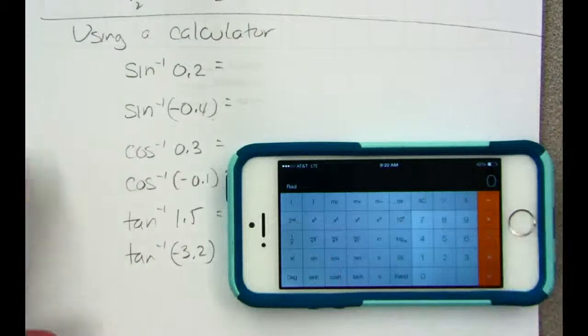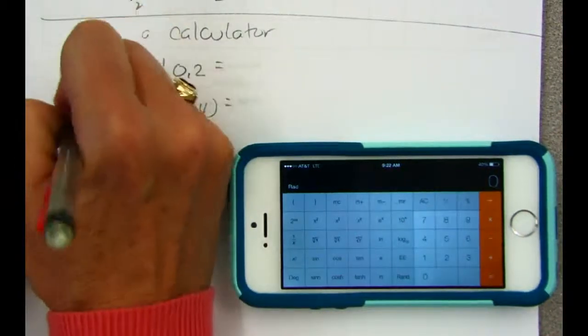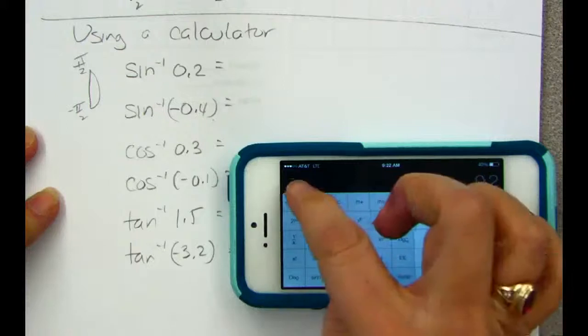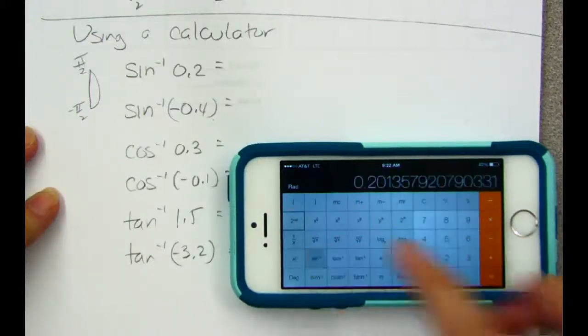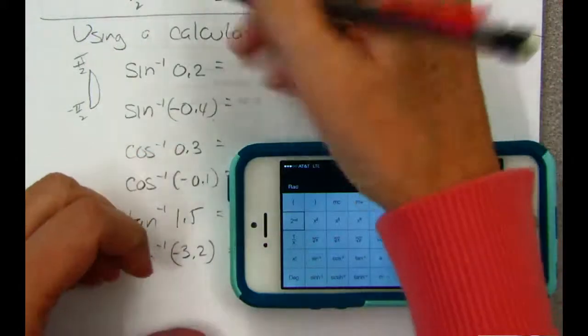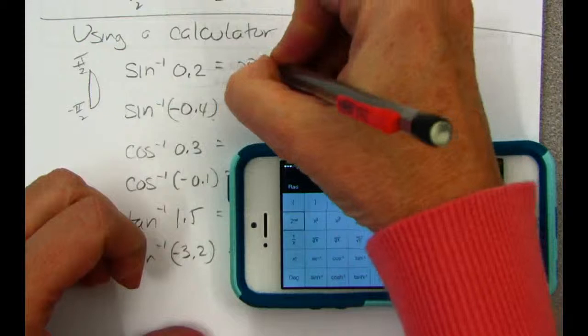Well, I have to remember for the first two, I have to have an answer here. This one here is going to be in quadrant 1. So I need to do 0.2. I'm in radians. I got to find my inverse sine, so I got to push second. There it is. And so that angle measurement is 0.201.